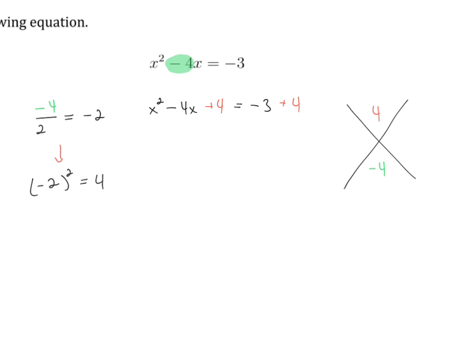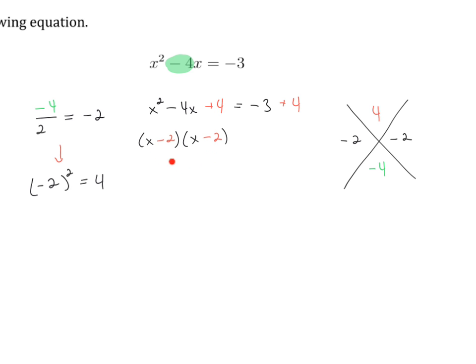Now, two numbers that multiply to give us a positive 4 but add to give us a negative 4 are negative 2 and negative 2. So when I rewrite this equation in factored form, I get x minus 2 times x minus 2.